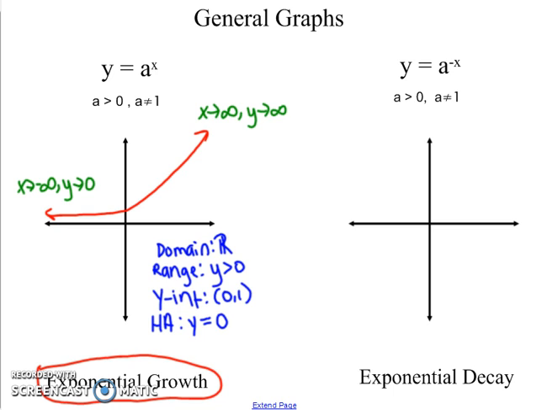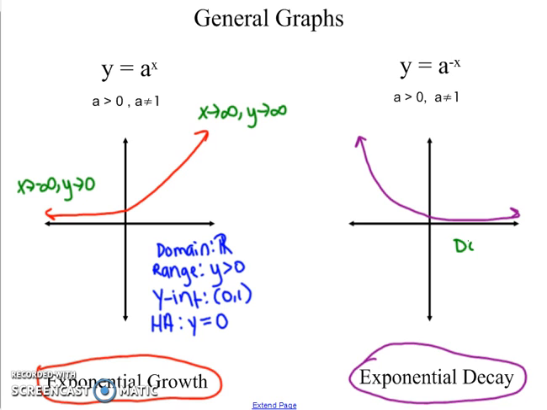When we have an exponential decay function, that's when we have y equals a to the negative x. So this graph is going to look similar to the other graph, but it's going to be decaying or declining. Going from left to right, your y values are getting smaller. Again, the domain will be all real numbers. These functions always have all real numbers.